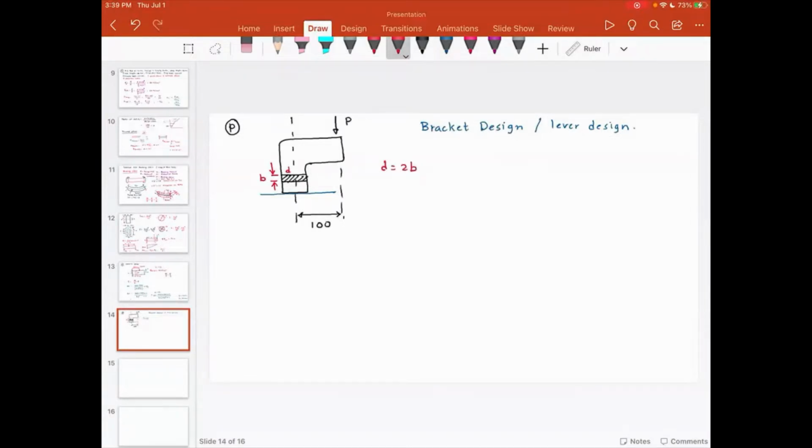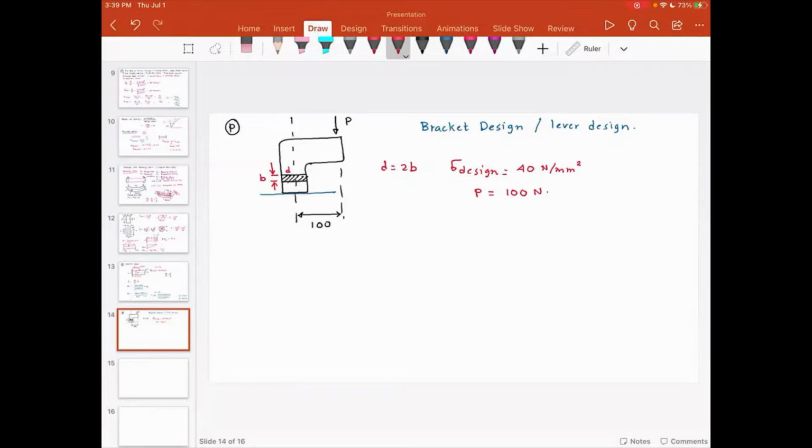And in this particular case, the bending stress sigma design is equal to, again, 40 Newton per millimeter square. And the value of P is 100 Newtons. So the question here is, I want to design this bracket and find out the dimension of this bracket.